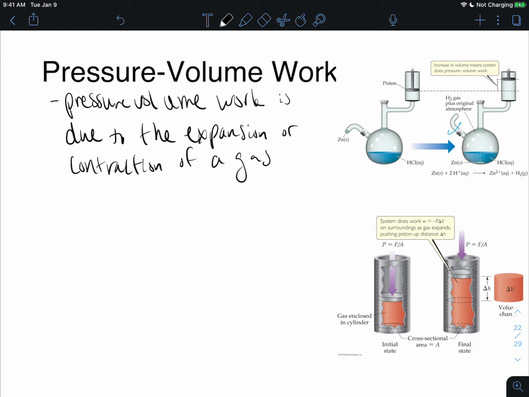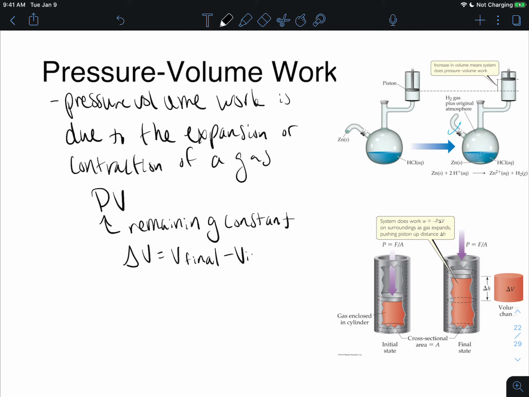Okay. So in the case of pressure volume work, our pressure is remaining constant, and the only thing we're changing is volume. So our volume change is V final minus V initial. So that change in volume is going to be a state function.